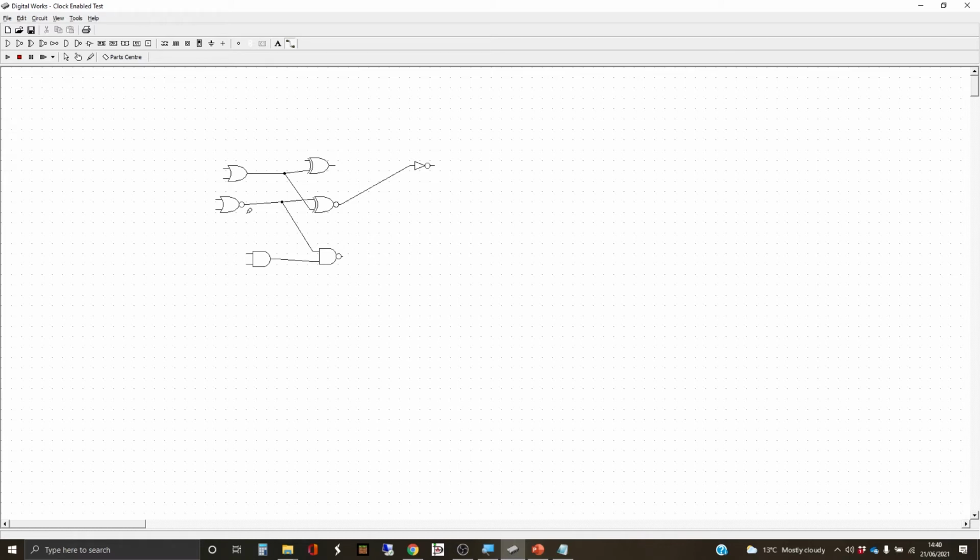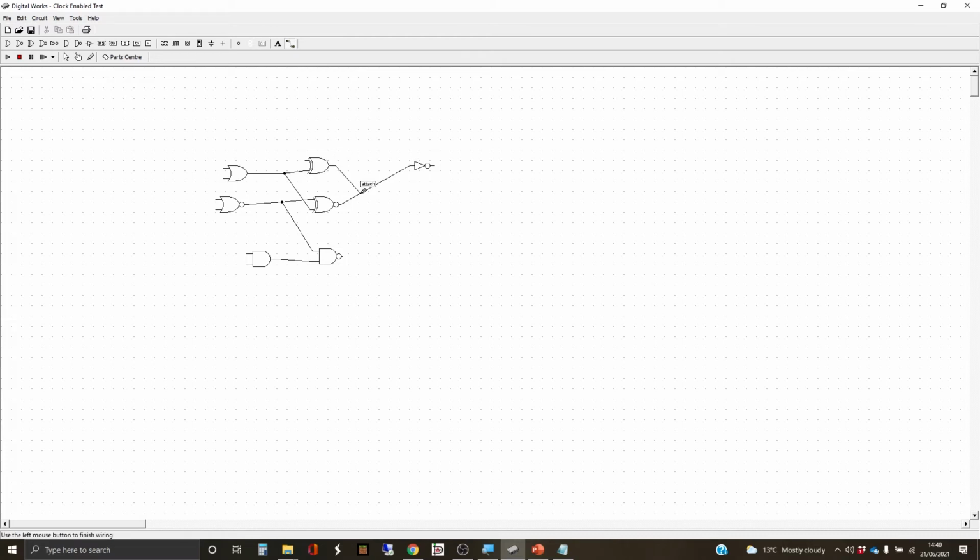When we've got wires that are connected together like this, then we can connect more than one input from more than one gate, or in fact from the same gate if we want, to just one output from a gate. But as I showed in that example, we cannot connect more than one output together.